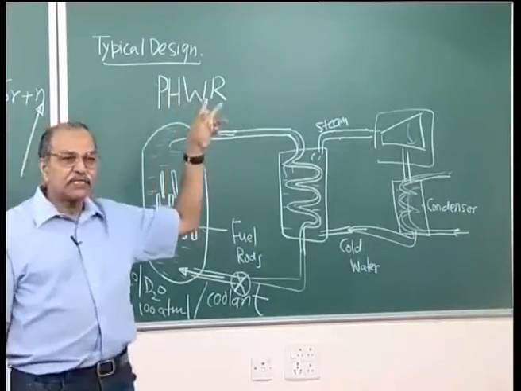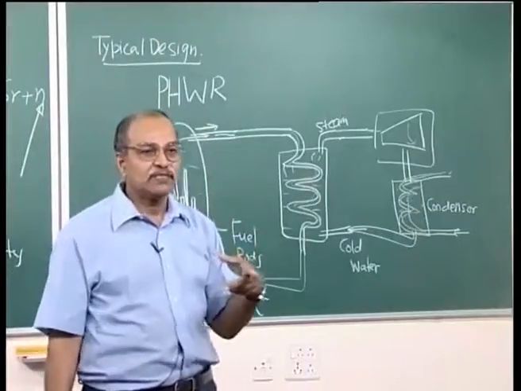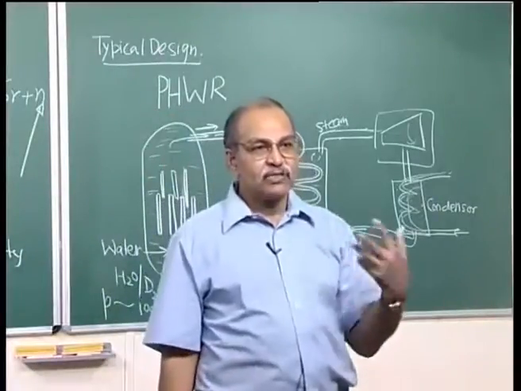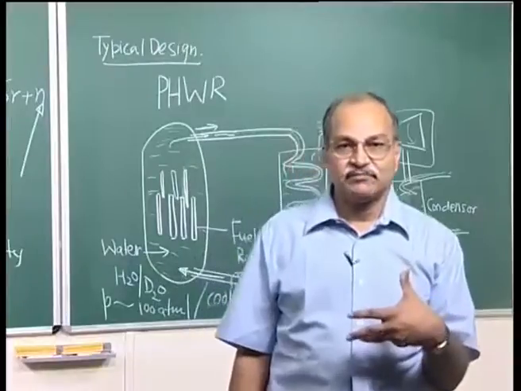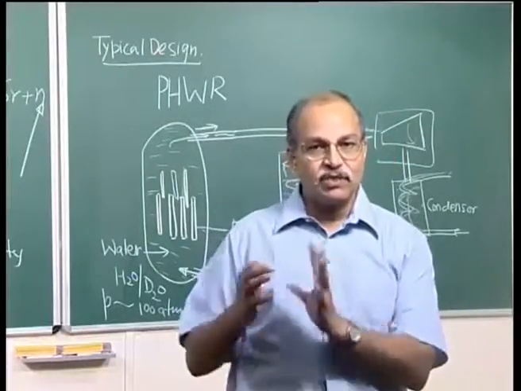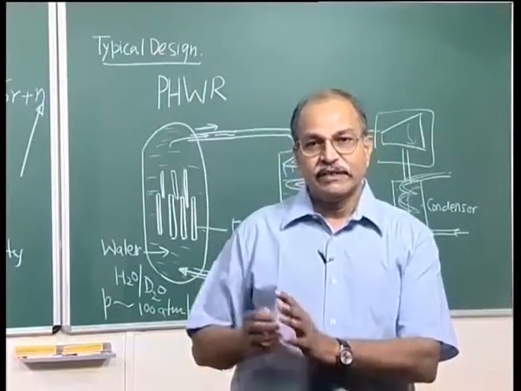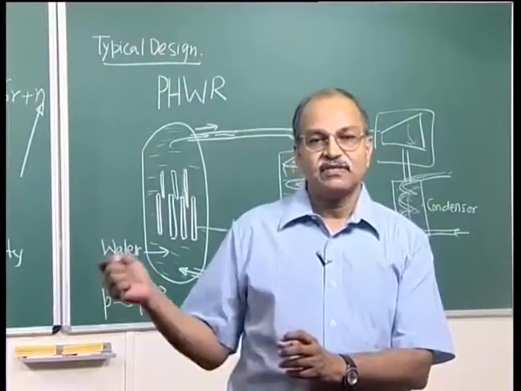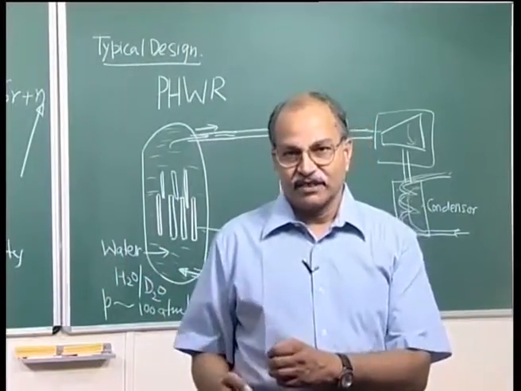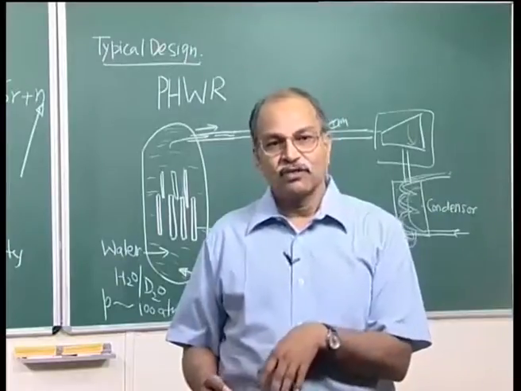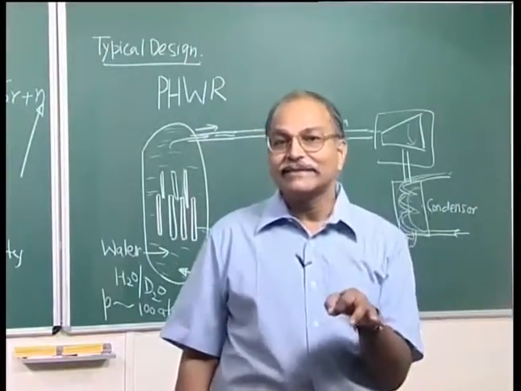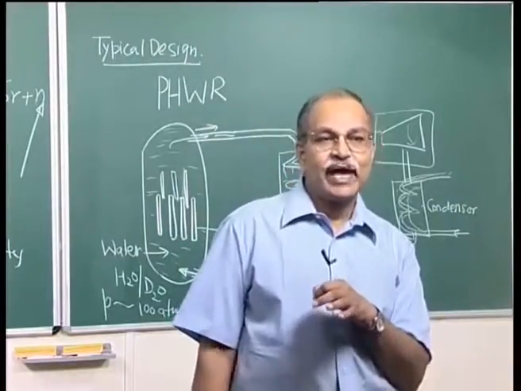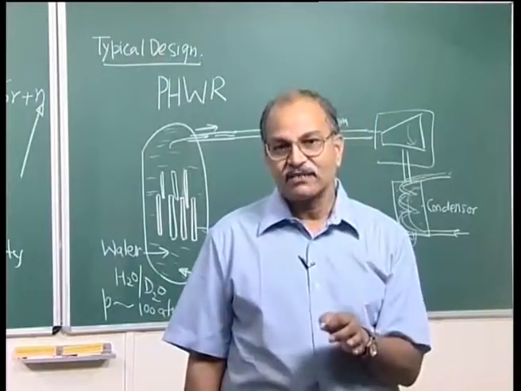What is the difference between water and heavy water? Moderator has to be a low Z material. If it is low Z material, it will reduce the kinetic energy of the neutron very effectively. And therefore, water which contains hydrogen, the lightest nuclei, would be ideal from that kinematics.